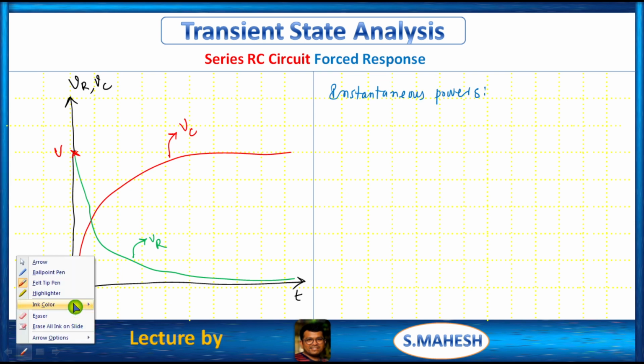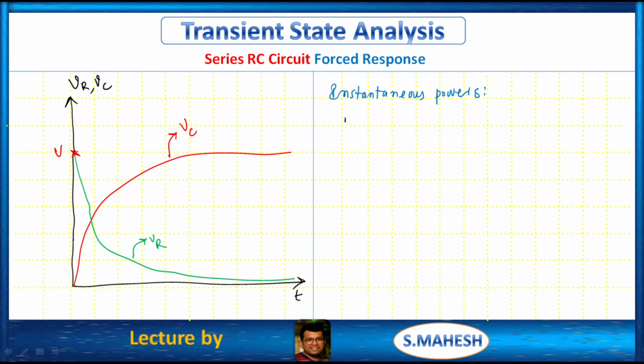First one is what? PR, right? That is nothing but PR, which is equal to VR into I, which is nothing but V square by R into e power minus 2t by tau watts.